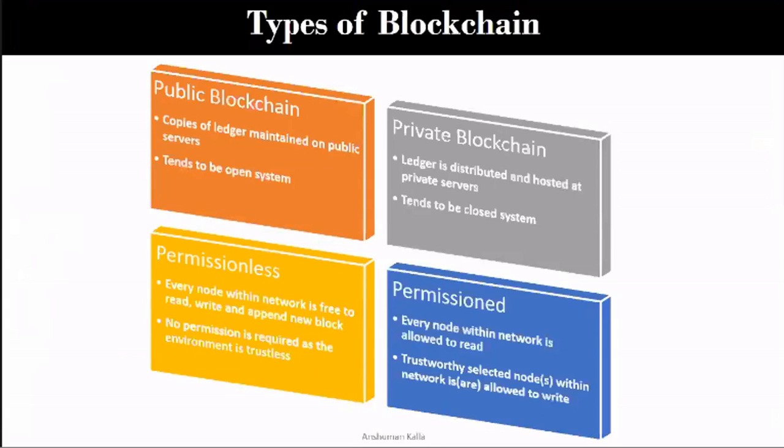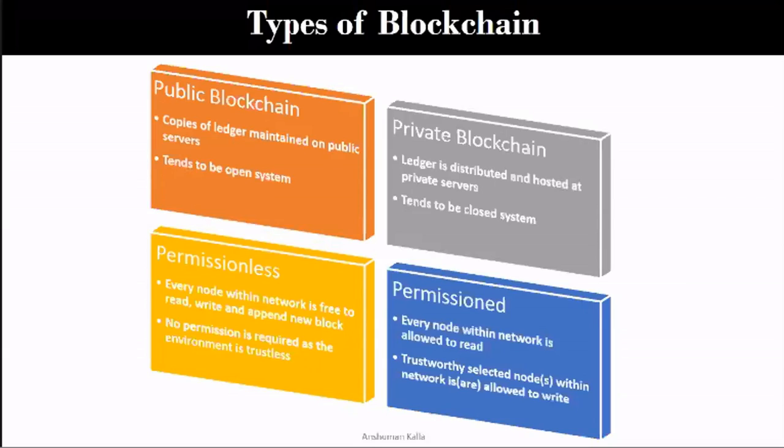Basically, public blockchain and private blockchain are distinguished based on who is maintaining the copy of the digital ledger, right? If the copies of the ledger are maintained on public servers, that means they are not under the control of any group or consortium, then they are called a public blockchain, and they tend to be a more open system, right?